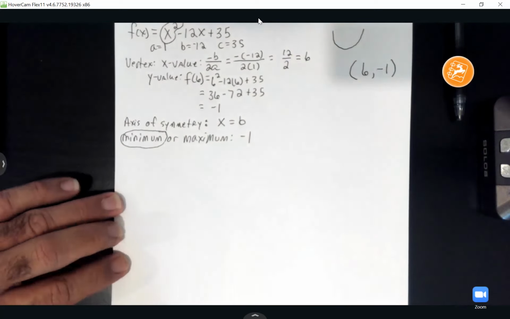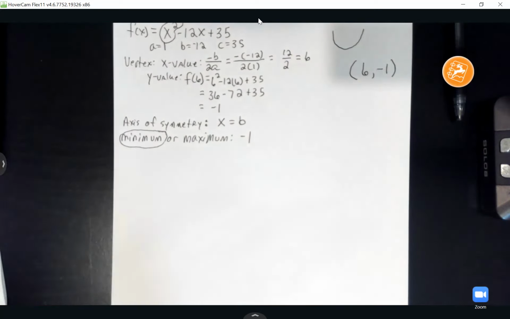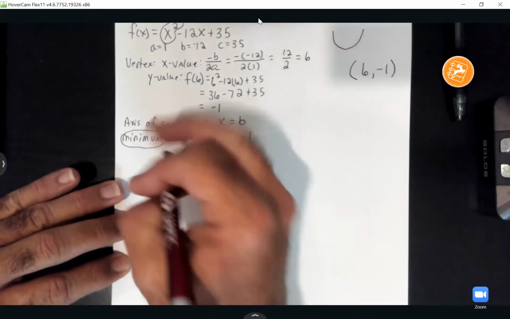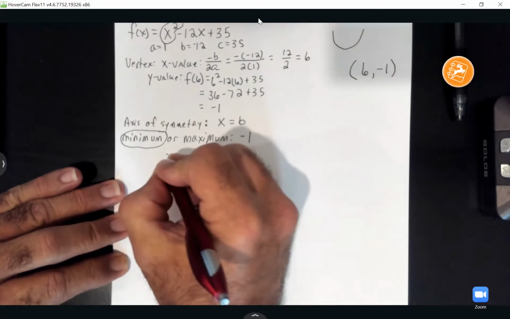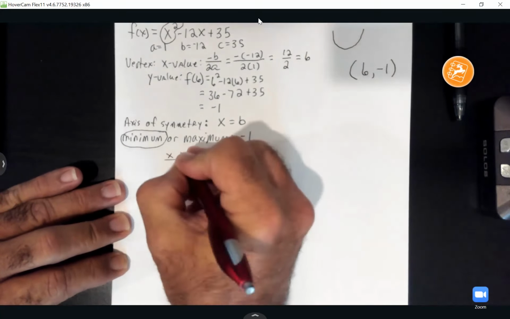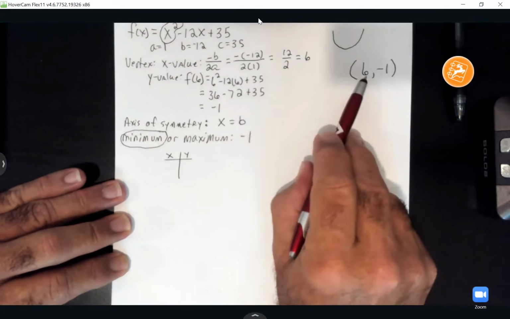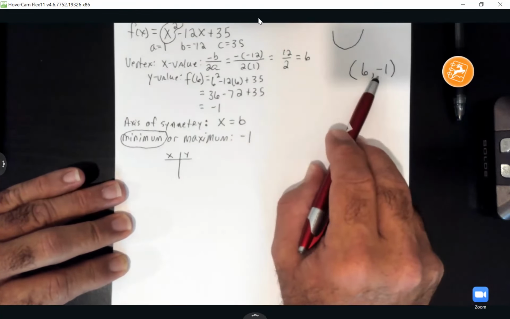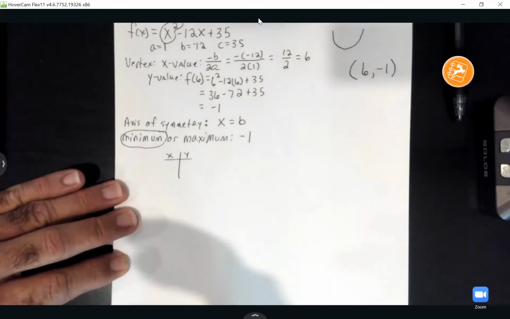All right, so now they want us to graph it. So what I'm going to do, I need to find another point. I'm just going to make me a table, and I'm just going to get an x value that's really close to the 6. So I might be using like a 5 or a 7.